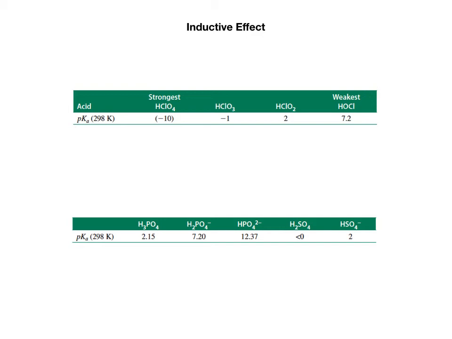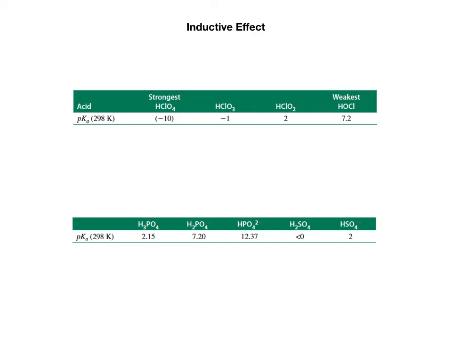There's another trend that I want to point out, in that H3PO4 and H2SO4, their central atoms are next to each other in the periodic table. Phosphorus is to the left of sulfur. Now, if you look at their pKa value, you'll find sulfuric acid is a stronger acid than phosphoric acid. Why? Because sulfur is a much more electronegative atom than phosphorus.